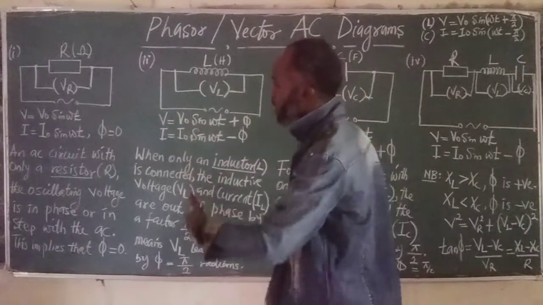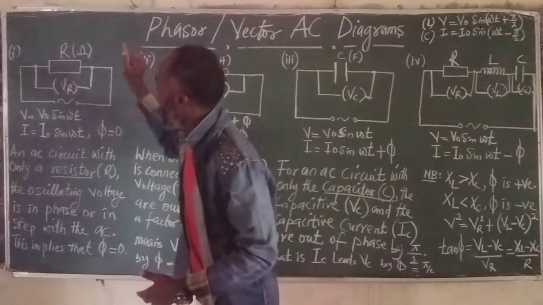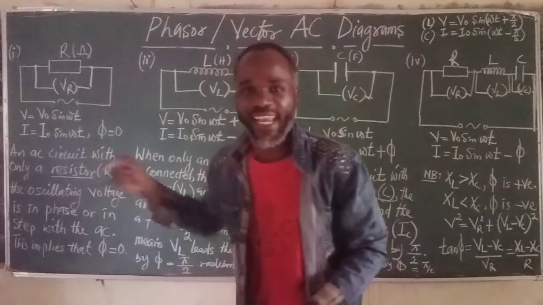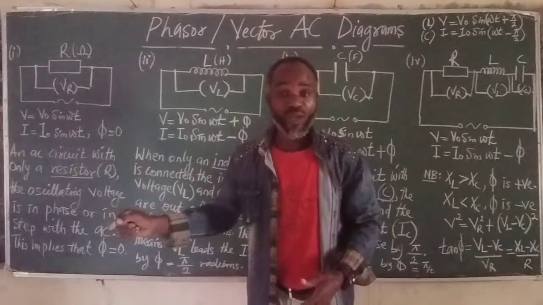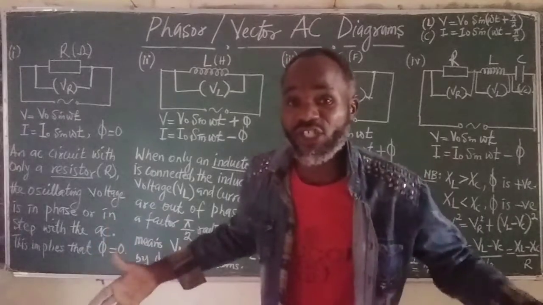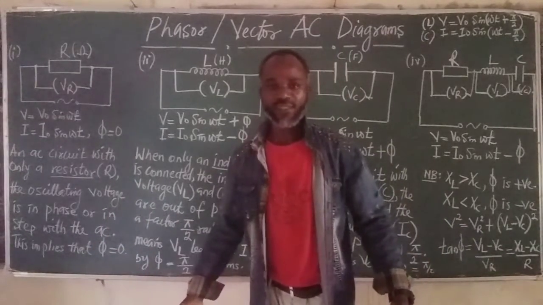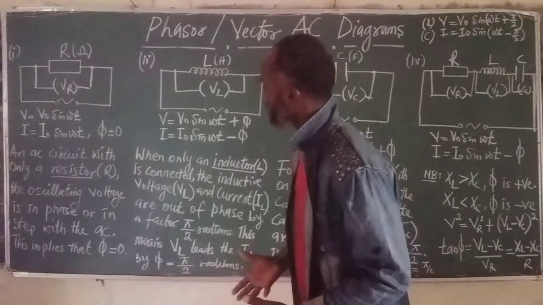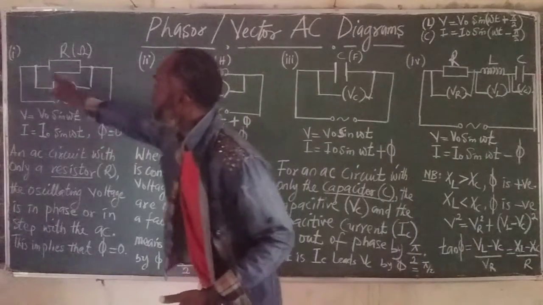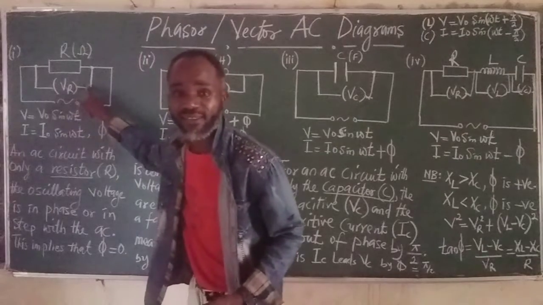Let's go. When a resistor is connected in an AC circuit, we need to understand the behavior of voltage and current. That's our concern. What happens, especially when there is a potential difference across it?